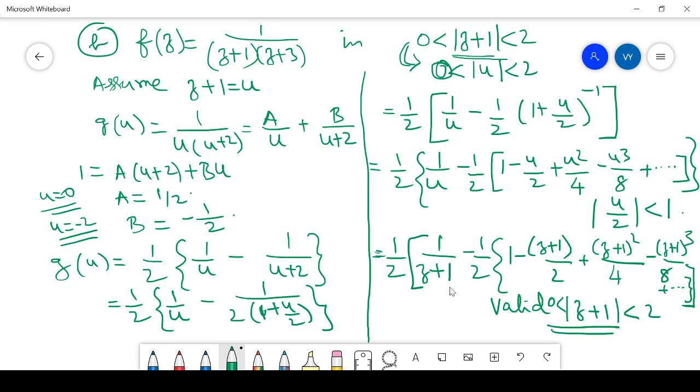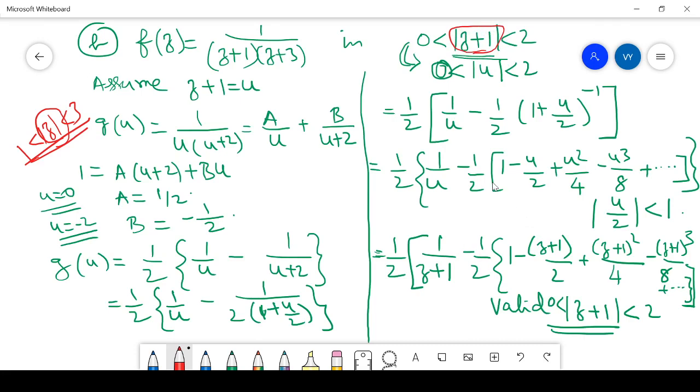So in this case, if you look at the previous part, you had the interval as 1 less than mod z less than 3. So you had expanded in terms of z minus 0 or z. Whereas here you have to expand in terms of z plus 1.